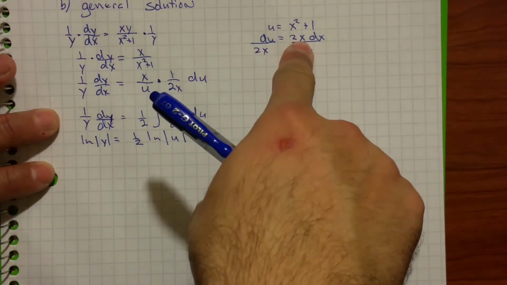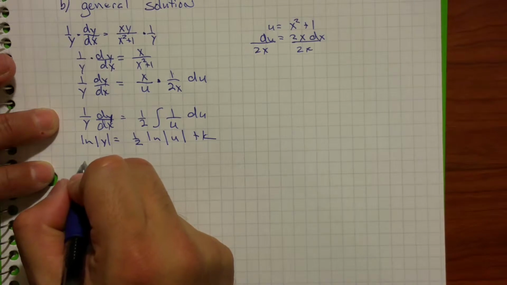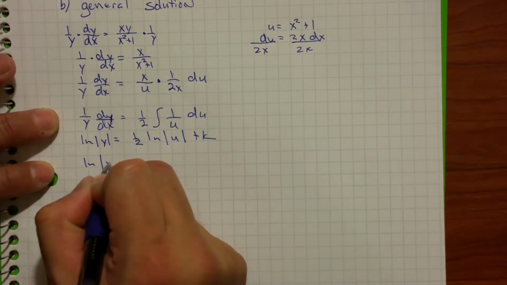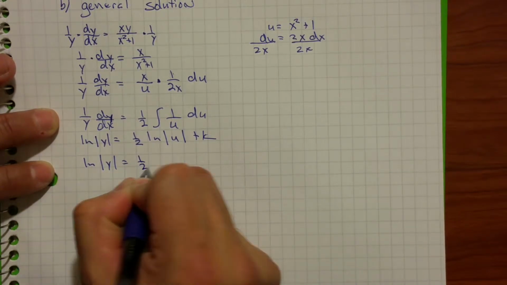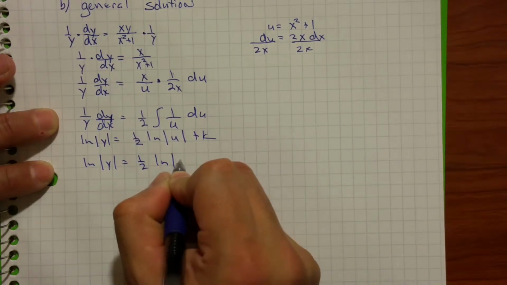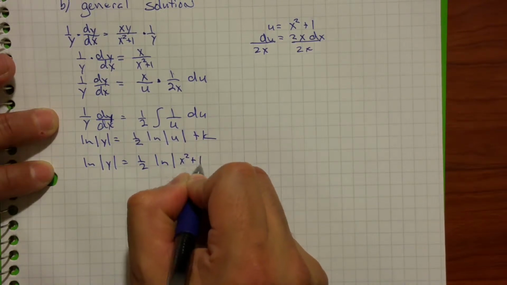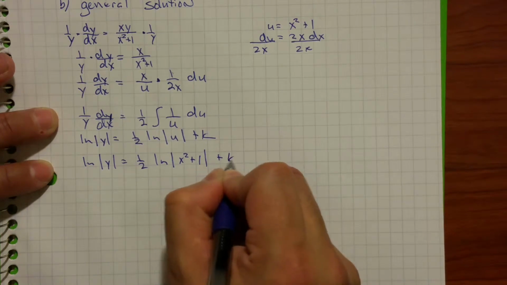And now I'm going to plug my u's back in. So it's going to be ln of y is equal to 1/2 ln of x squared plus 1 plus my k.